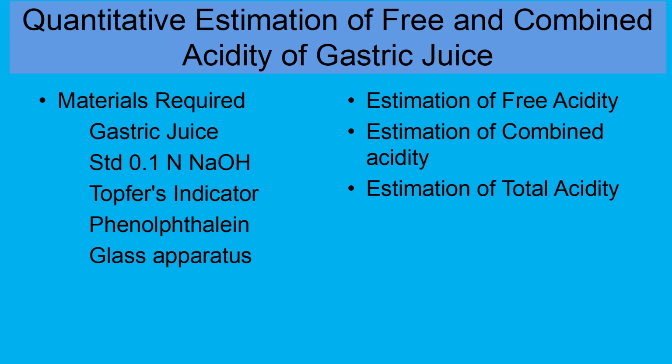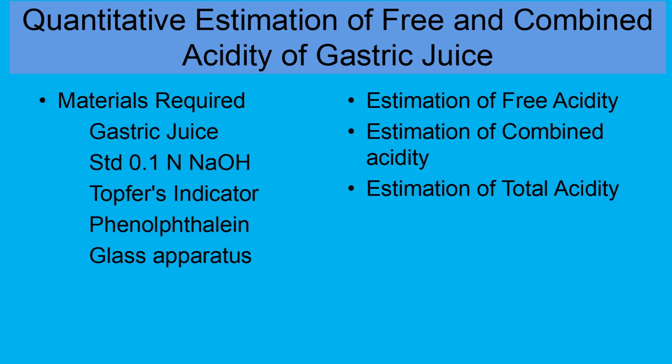So the normality of this free acidity and combined acidity can be determined by titrating these acids against sodium hydroxide, using two types of indicators: Topfer's indicator and phenolphthalein. This is the principle involved in this quantitative estimation.